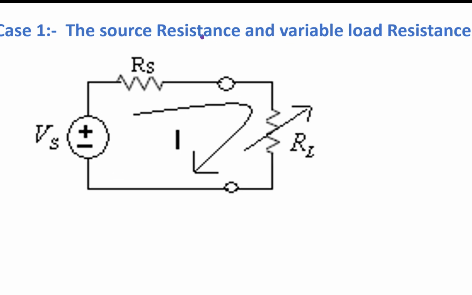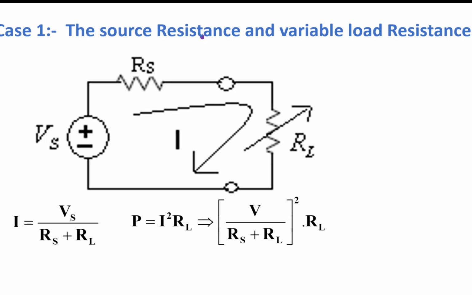Here the current flowing through the circuit is given by Vs divided by Rs plus RL, simple straightforward, and power absorbed by the load is given by I square into RL, where current flowing through the load is I, which is given by Vs by Rs plus RL. So power absorbed by the load is I square into RL, which is this equation. Let us call it 1.